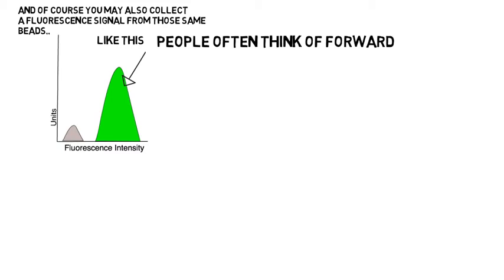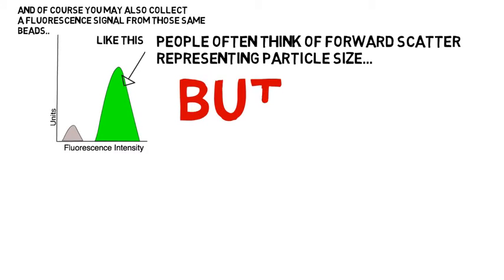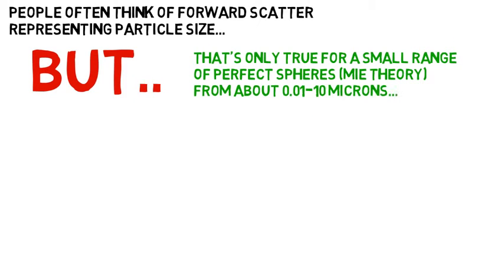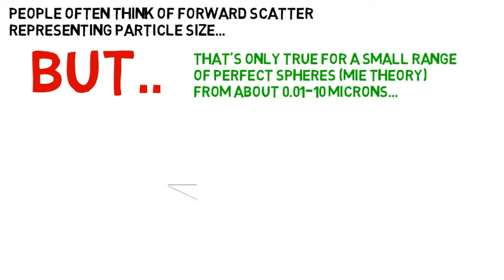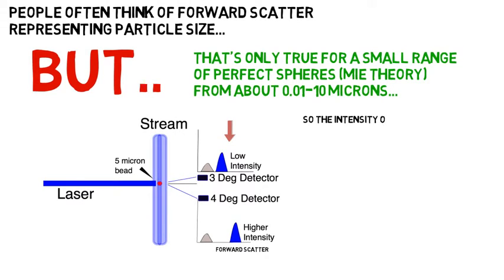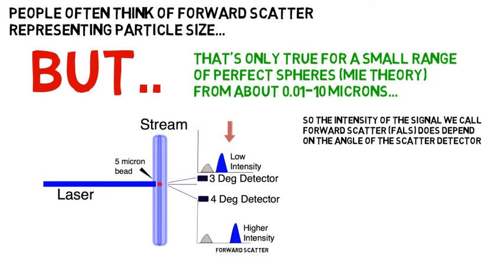Many people say that forward angle scatter measures size, but that's not quite correct. In fact, it's only correct for a small range of perfect spheres, as I just mentioned. So when you look at this diagram of how we measure FALS, you can see that the intensity of the signal is dependent on the angle of the forward detector.